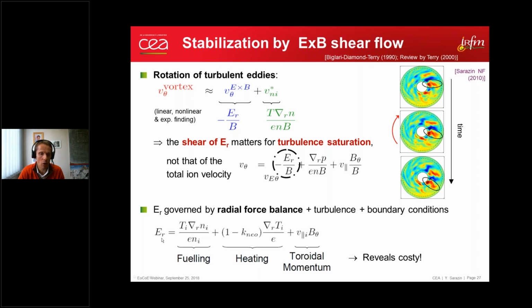If you want, from this radial force balance, to control the shear of the radial electric field, then it reveals costly, because you have to use fueling, heating, and toroidal momentum injection, and those are not the most efficient way of driving the shear of the radial electric field. Again, shearing the radial electric field is beneficial because it will reduce turbulence and then increase the energy confinement time.